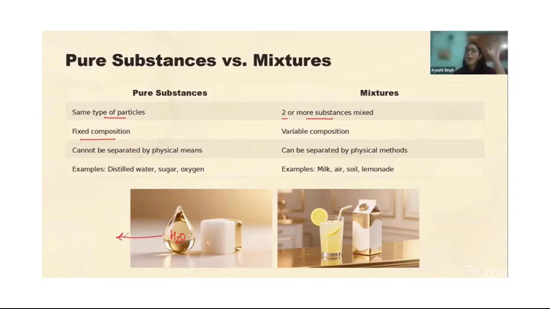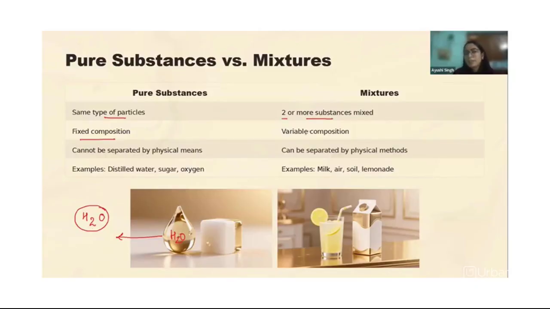If you go to the Himalayas and take water there, or bring water from a desert, a river, a lake, or tap water, every water you take will have the composition of hydrogen and oxygen in a fixed form. That means two hydrogen atoms combine with one oxygen atom to make one water molecule. So this is a fixed composition.